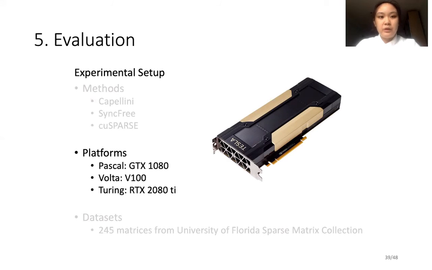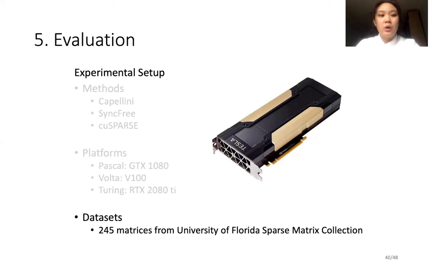Besides, we measure the performance on three experimental platforms, including three generations of NVIDIA GPUs: Pascal, Volta, and Turing microarchitectures. We measured 245 matrices from the University of Florida Sparse Matrix Collection for validation. The average number of non-zero elements per row in those matrices is 19.6.